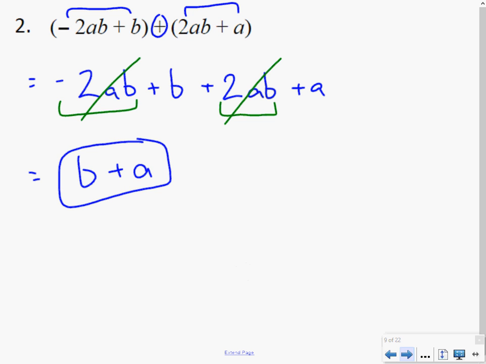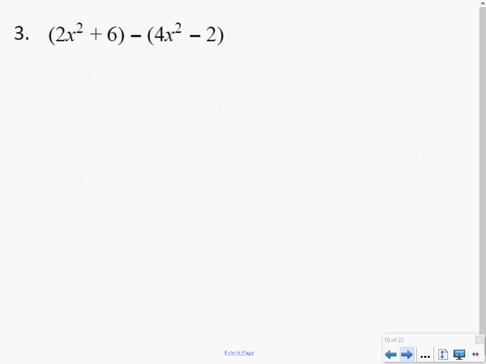All right, now subtraction makes it a little trickier here. Once you have subtraction, you can't just get rid of the parentheses and combine things together. Okay? We know that anytime we have a minus sign in front of a set of parentheses, we need to distribute, just like we did when we were solving equations. So that still applies. So this part, I don't need to write the parentheses anymore. That part doesn't have the negative distributed to it.